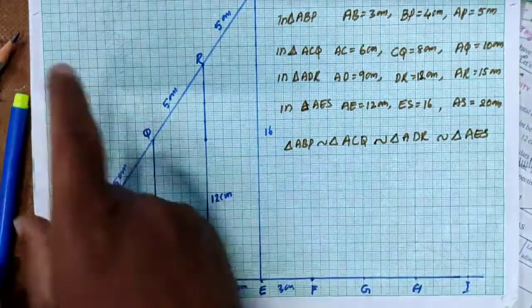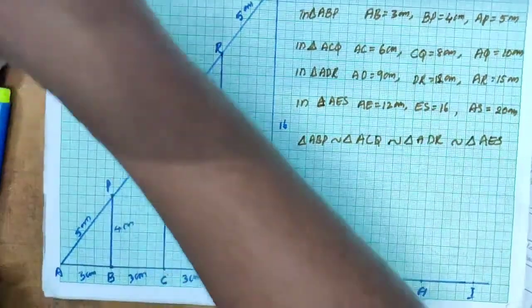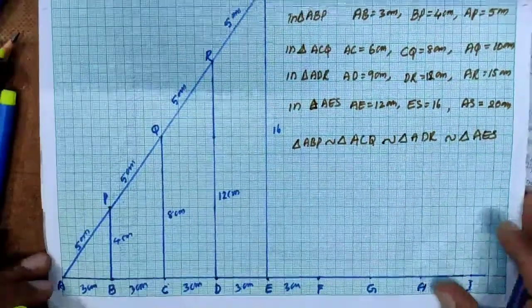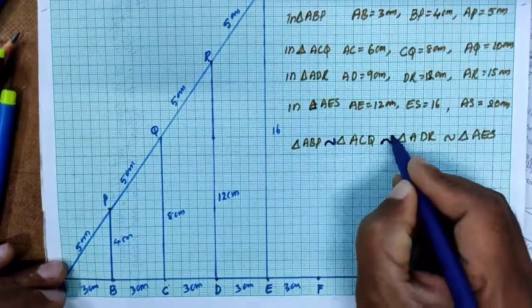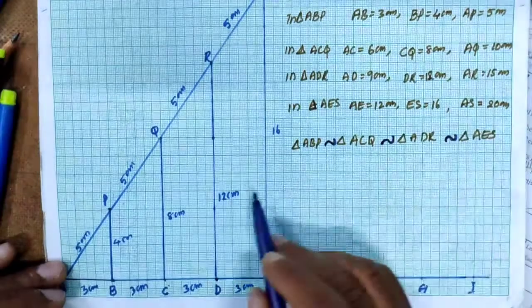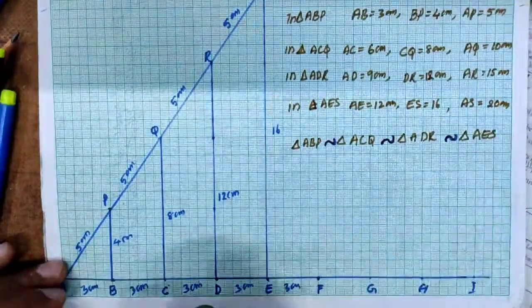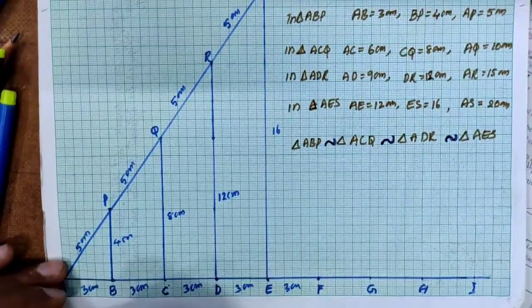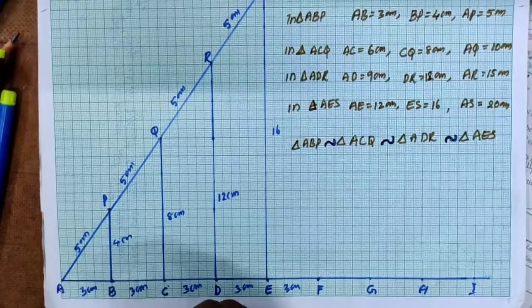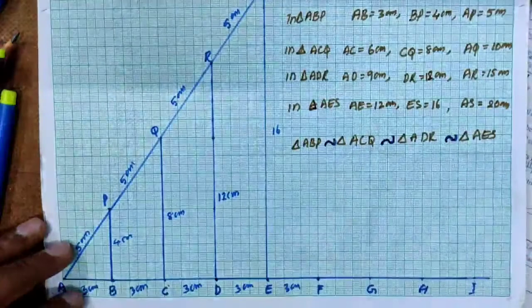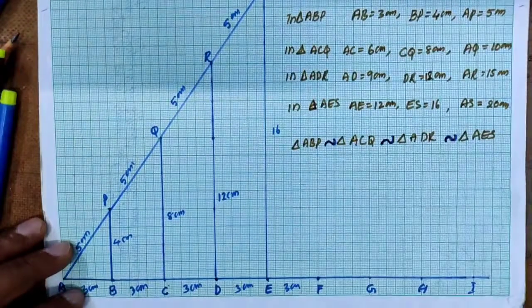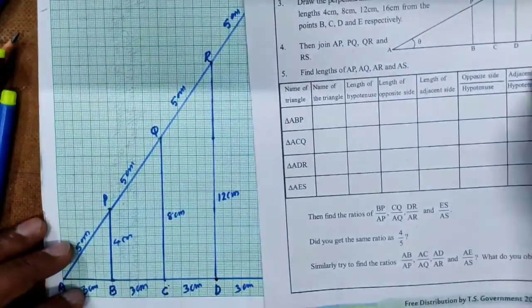So all these triangles are similar. Now we have to fill this table by using this. See here.